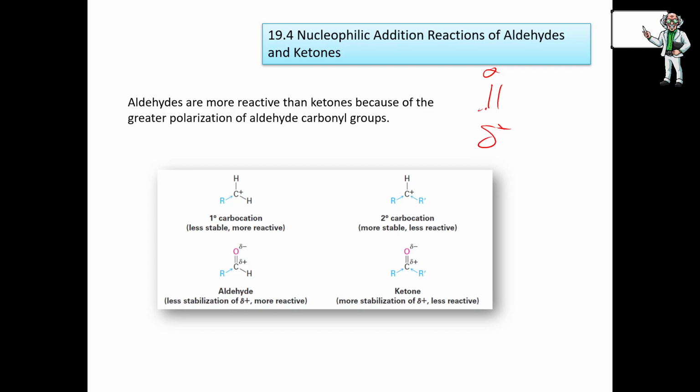Why? By hyperconjugation. Remember that there is overlap between the pz orbital and the sp3 orbital of the carbon that is one carbon away from the carbocation. Then, of course, a primary carbocation would be the example of an aldehyde. Okay, we only have one substituent.